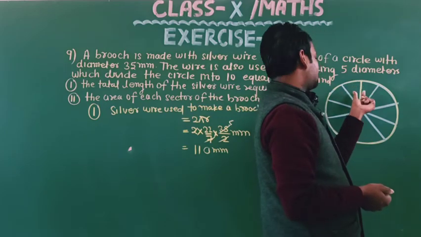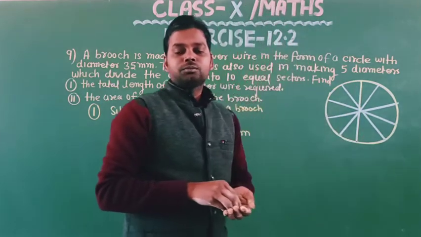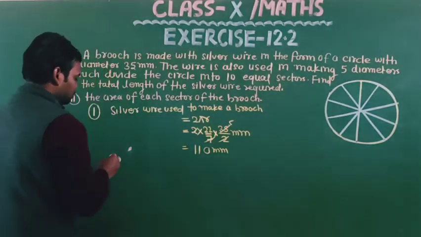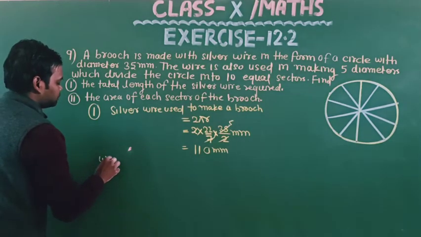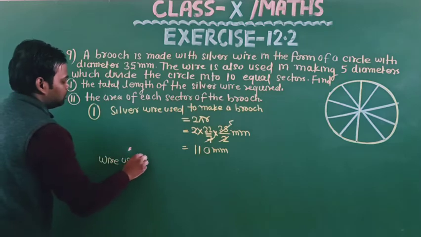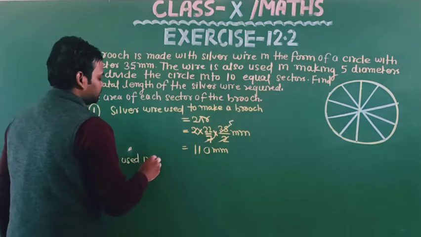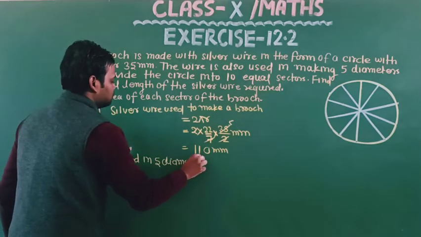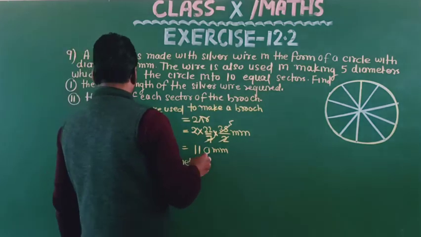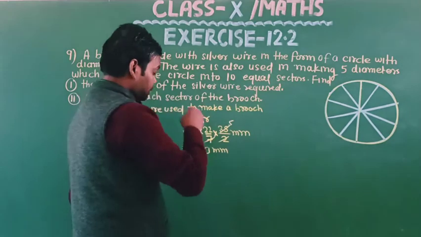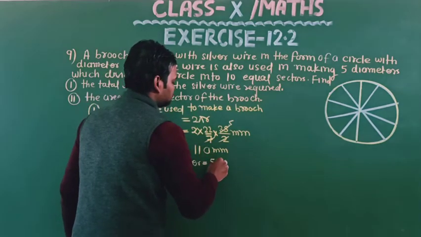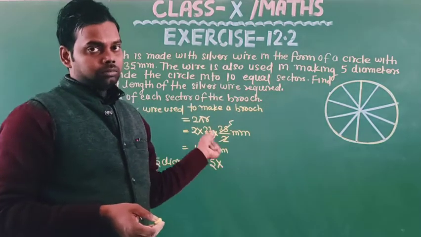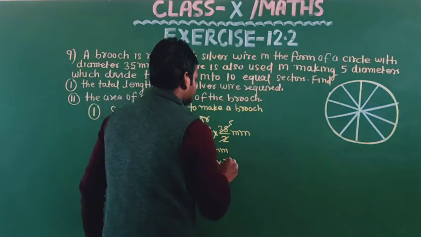Okay, and also find the wire used for making this brooch as 5 diameters. So the wire used in 5 diameters is equal to 5 multiplied by 1 diameter, which is 35 mm.